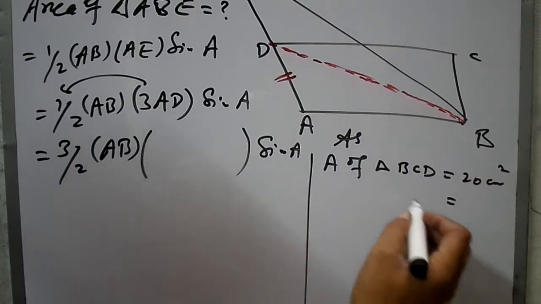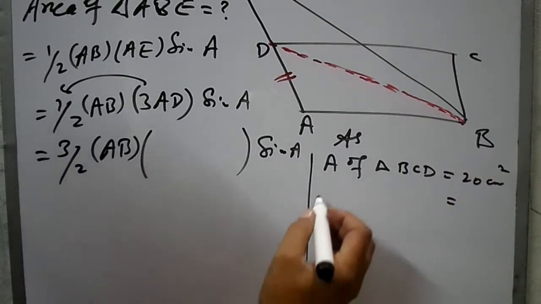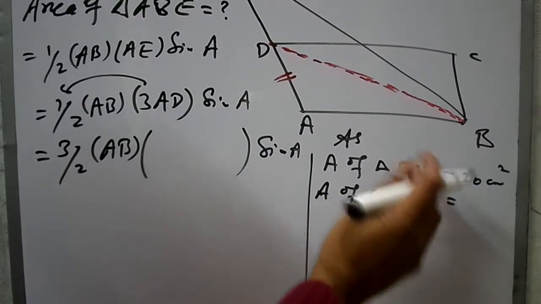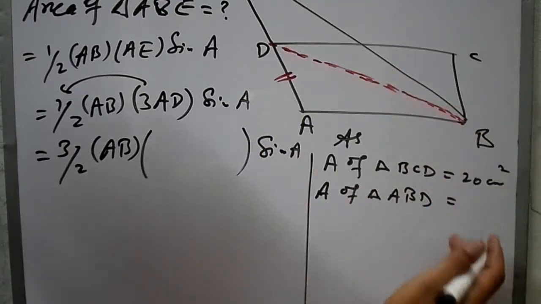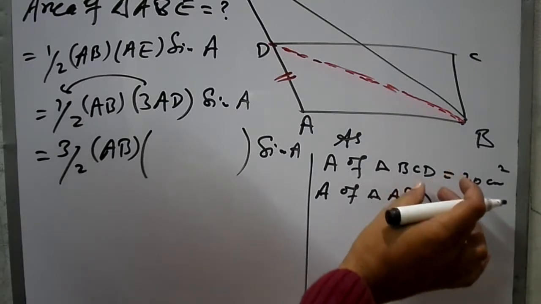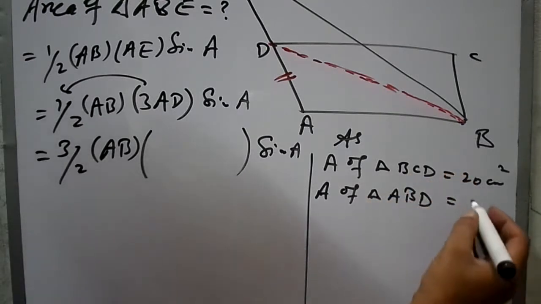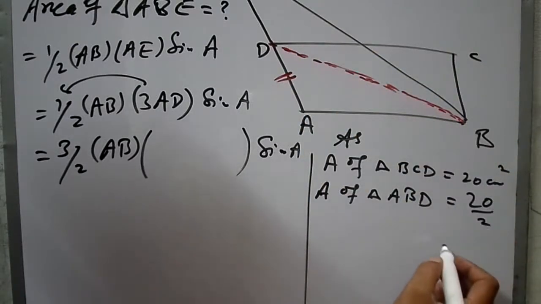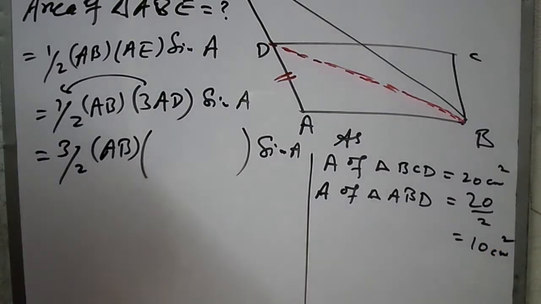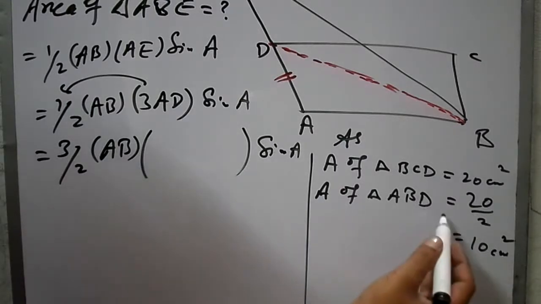The area of triangle ABD is not given to us, but we can find it: the area is 20, so we divide by 2 and you will get 10 centimeters square. So the area of ABD is equal to 10 square centimeters.